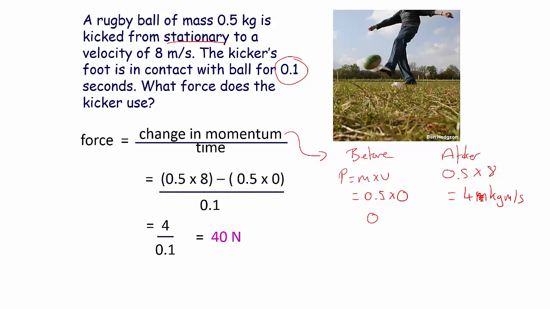This was afterwards, and this one was the momentum before. So after minus before gives you the change in momentum. It changed in momentum by 4 kilogram meters per second, and it took 0.1 seconds. So you divide 4 by 0.1, you get 40 newtons was the force that needed to be applied to change the momentum of that ball by that amount.